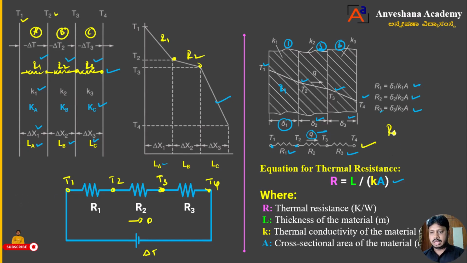R total is equal to the resistance offered by material 1, that is R1, plus the resistance offered by material 2, R2, plus the resistance offered by material 3, R3. This is the resistance offered by materials arranged in series.